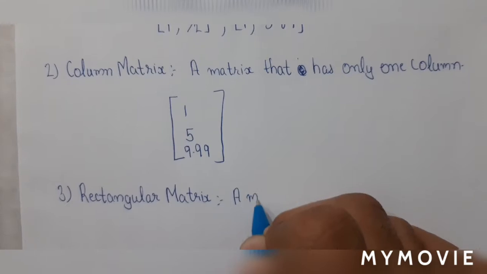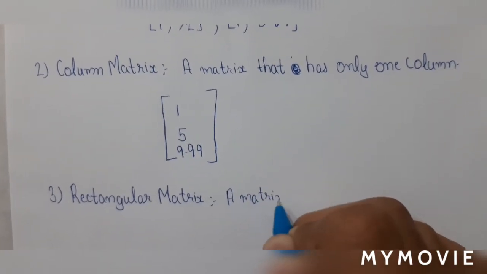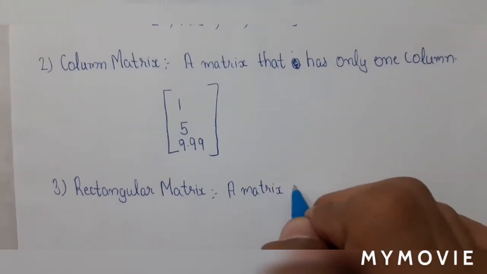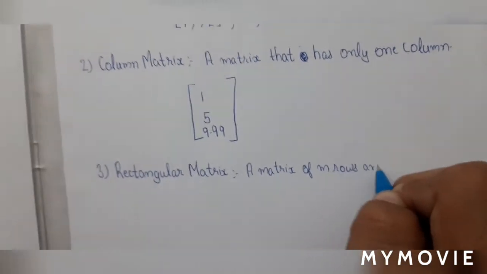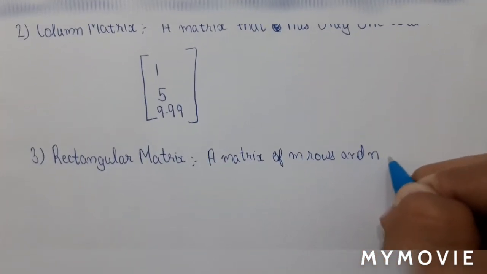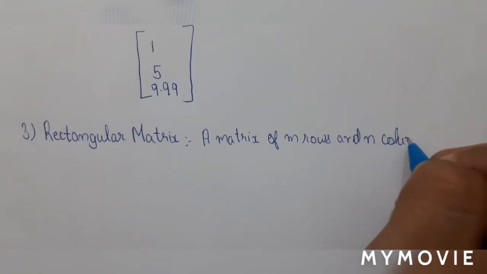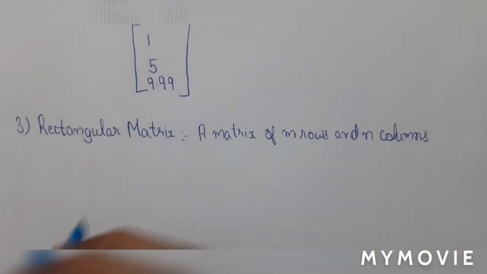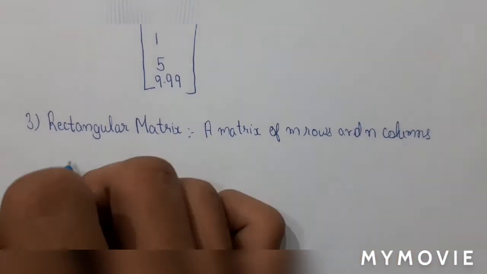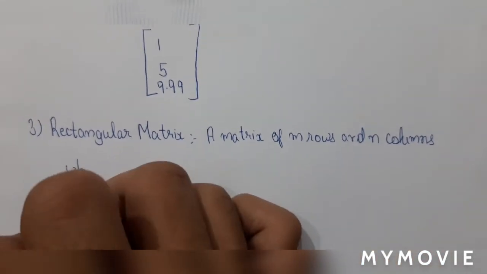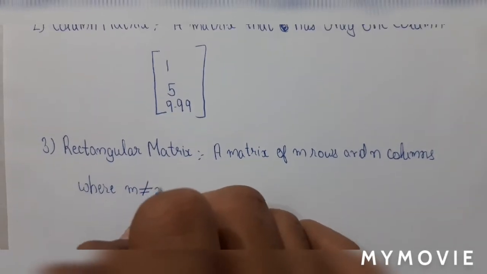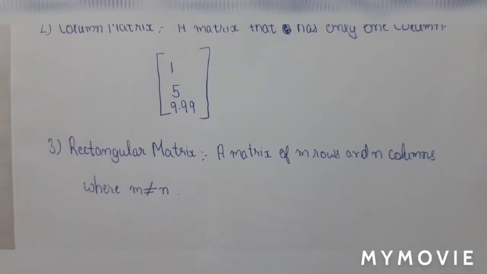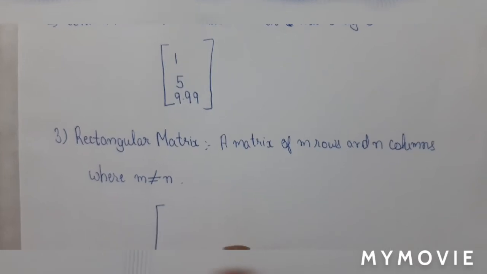A matrix of m rows and n columns where m is not equal to n. Let's take an example of this matrix.